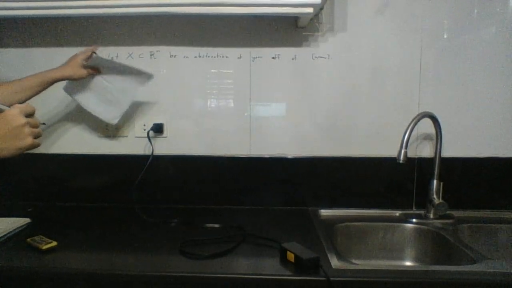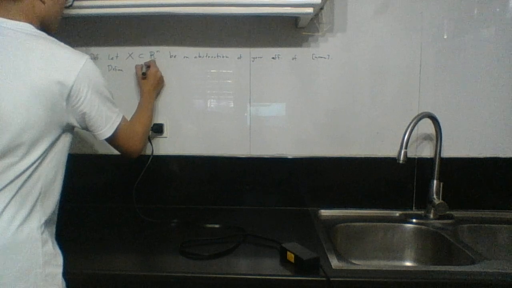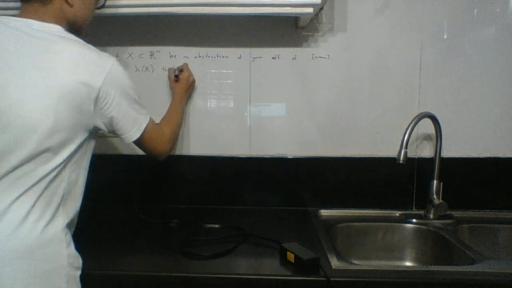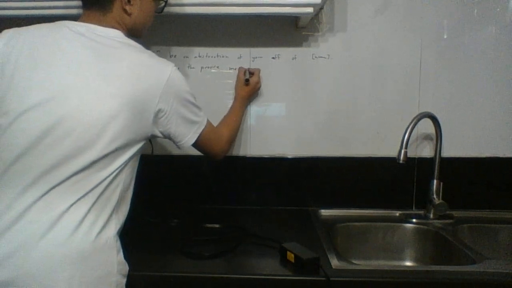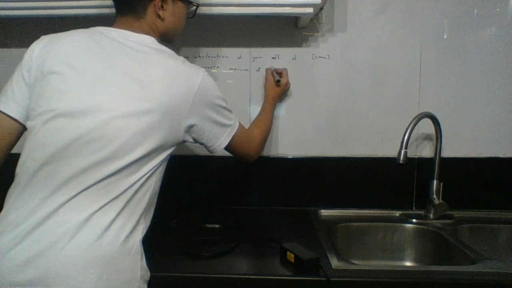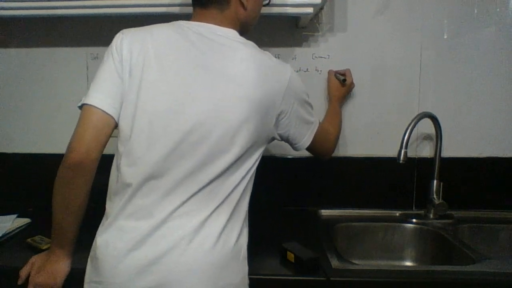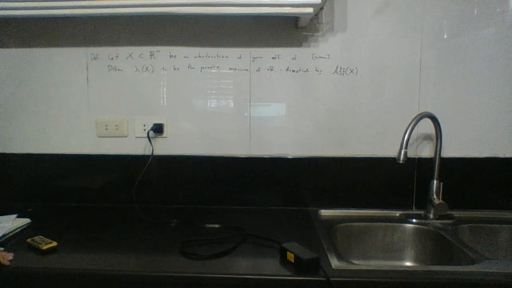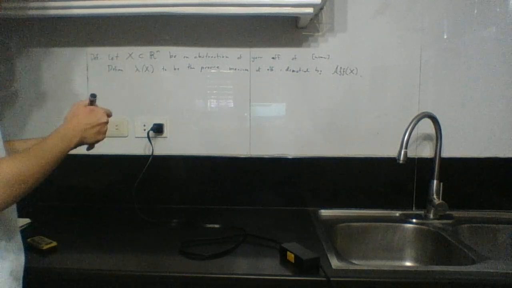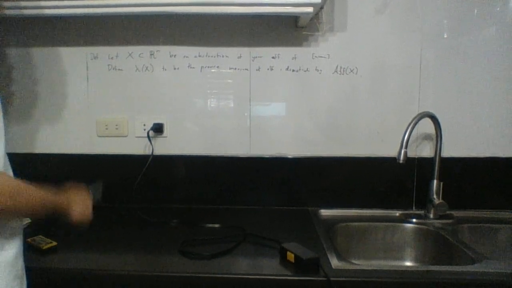Define the Lebesgue measure of X to be the precise measure of affection, denoted by A, mathematical A, with two F's, of X. First we abstract your affection as a singular set in R^n, and then the Lebesgue measure should surely be the precise measure of your affection.